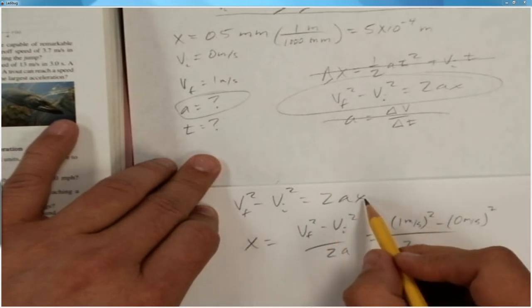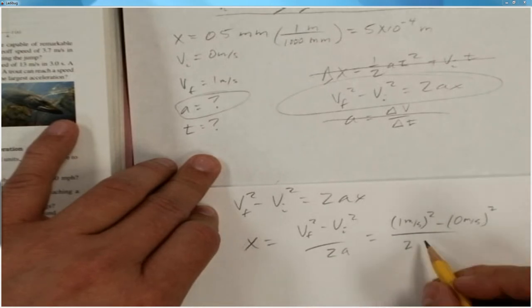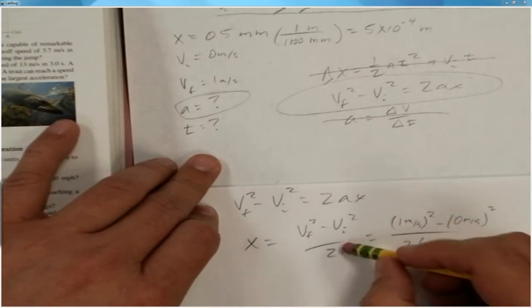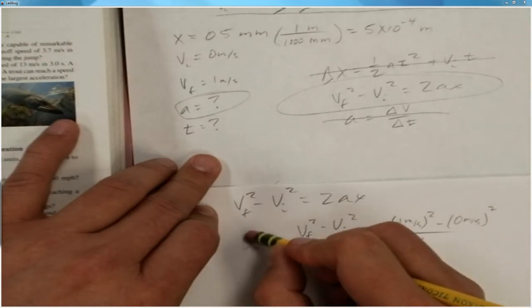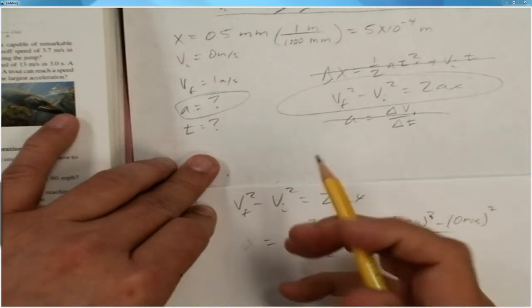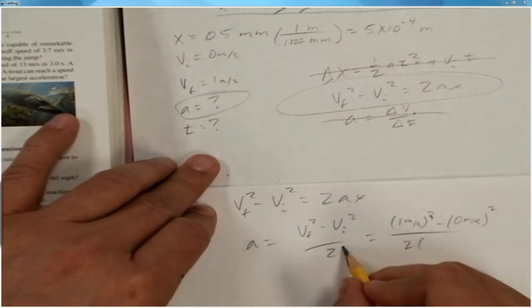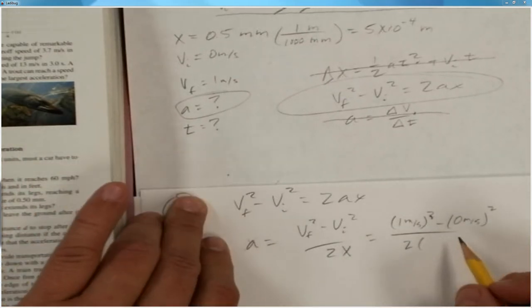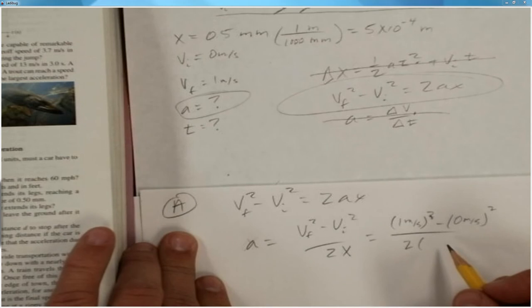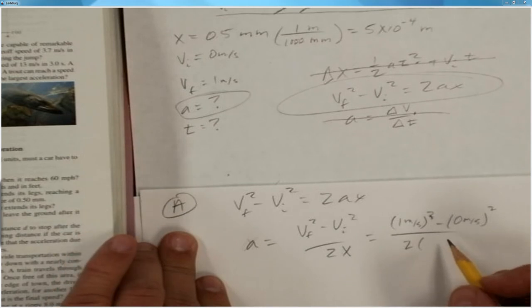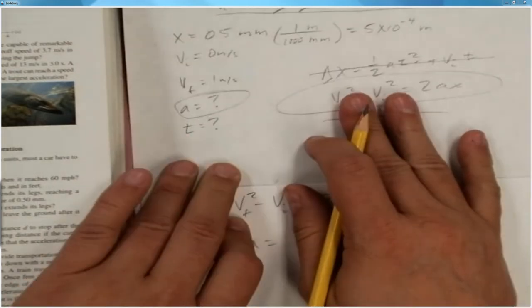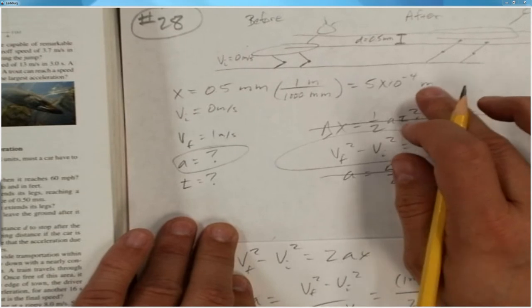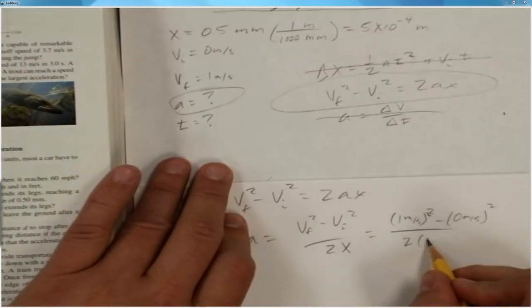So this should be right. Is it 1 meter? No. It's 5 times 10 to the negative 4th meters.